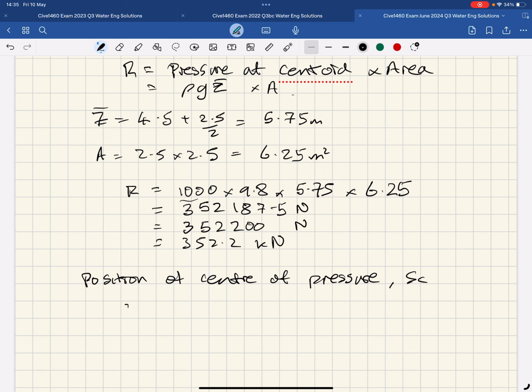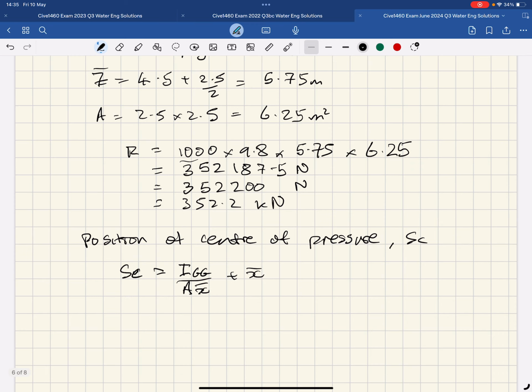SC, using the familiar formula, IGG, second moment of area of the shape about its centroid, over A x bar, plus x bar. Now, because it's vertical, x bar equals z bar, which equals 5.75 meters as above.